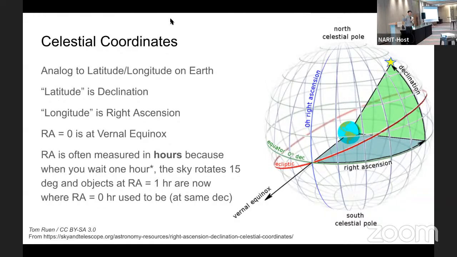So it's quite a convenient unit to use. And when you're planning the night, you can also look things up easily. You can know roughly when things will set based on what the right ascension is. So yeah, that's just the numbers that we use.